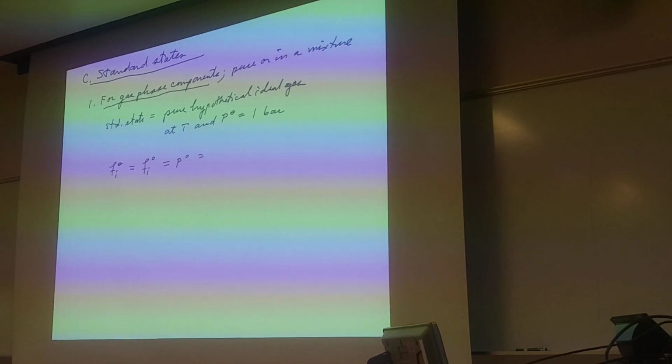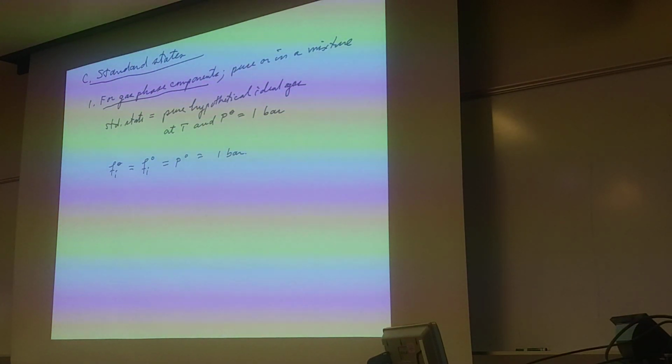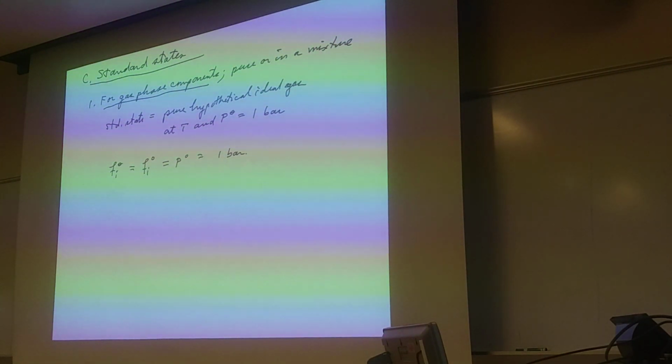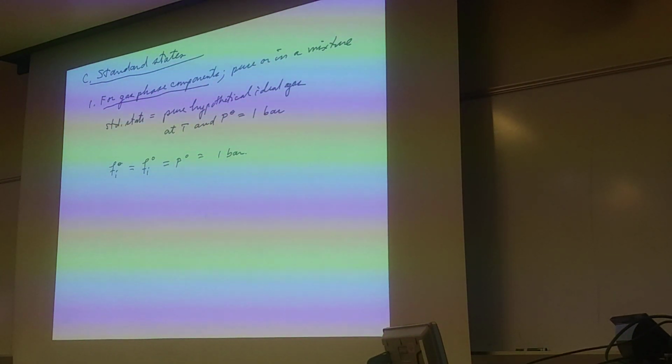So the fugacity in the standard state is equal to 1 bar. What I'm going to do here is run through the definition of the standard states for the different situations that might be encountered, and then we'll go back and develop expressions for the activities.